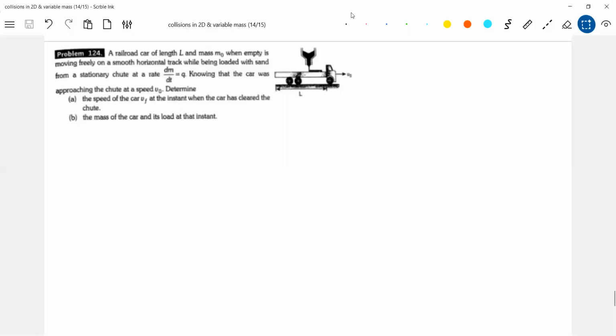It is loaded at a constant rate. Q is telling. Instead of lambda, he has brought that Q. There's no external force. It was moving with a velocity v naught.